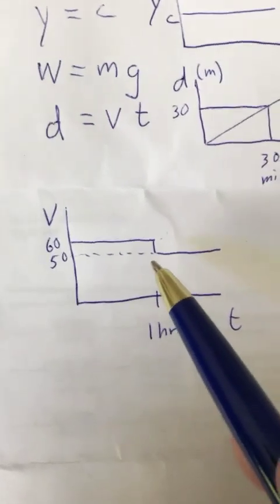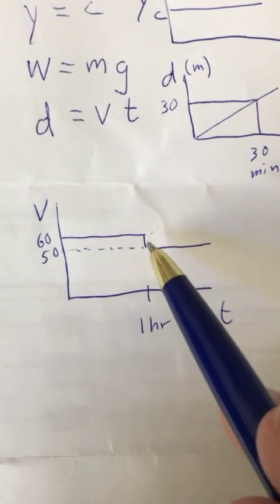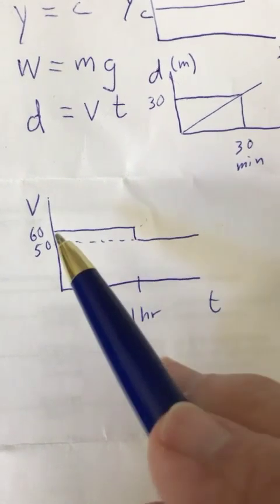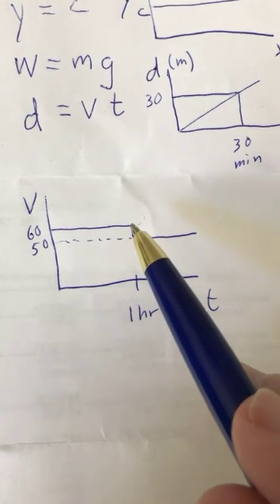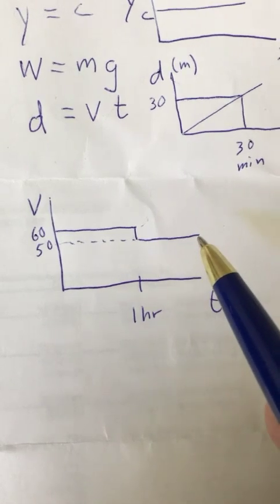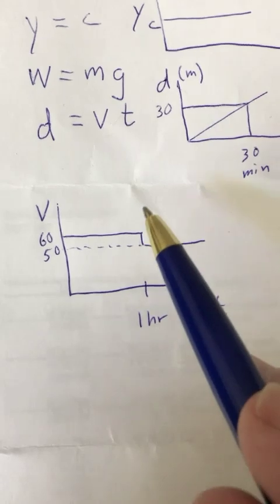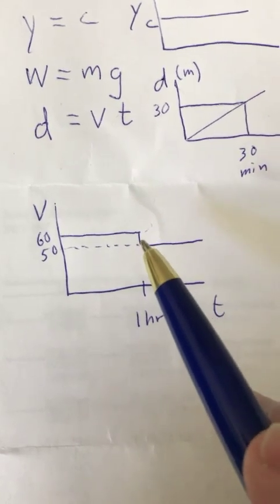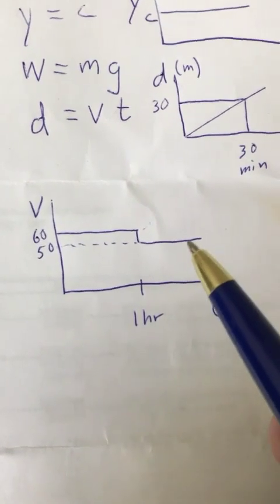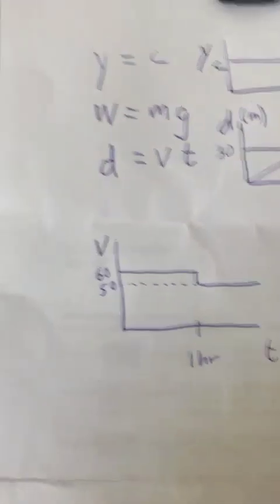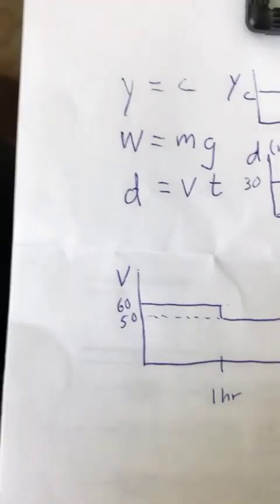This is considered a discontinuity in time at the time 1 hour, but it's piecewise continuous because it picks up there and goes on, and it's only discontinuous at one point in time. It could be discontinuous several times to be called piecewise continuous. But that's what that looks like.